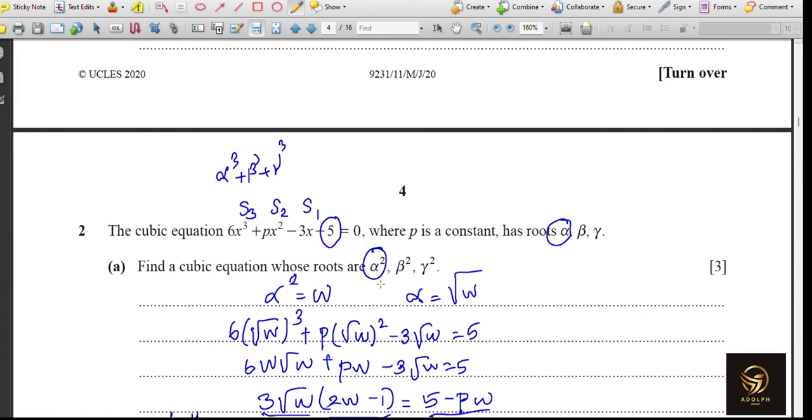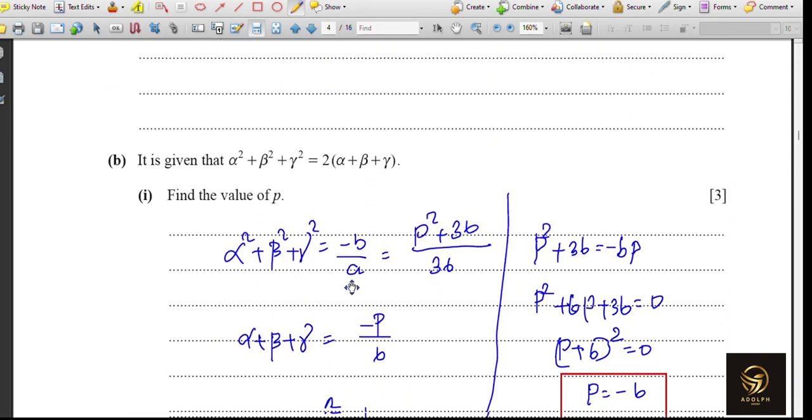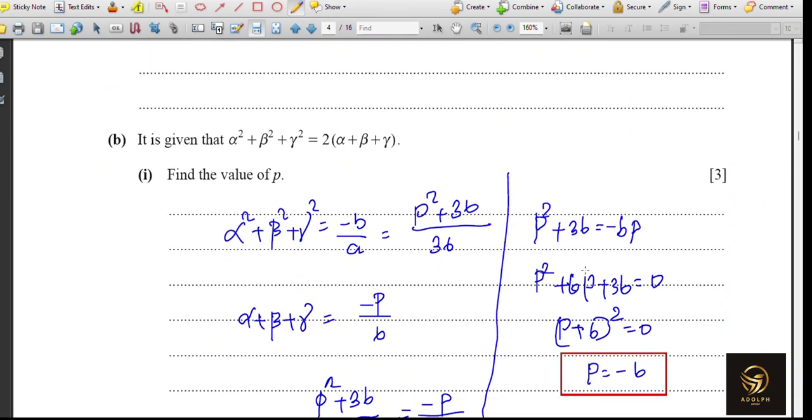So you know what S2 is. S2 value is alpha square plus beta square plus gamma square, that is p square plus 36 divided by 36. What is p? Because it's a constant here, that value we need to know. p is -6. So here I can write that alpha square plus beta square plus gamma square is (-6) square, that is 36 plus 36 divided by 36.